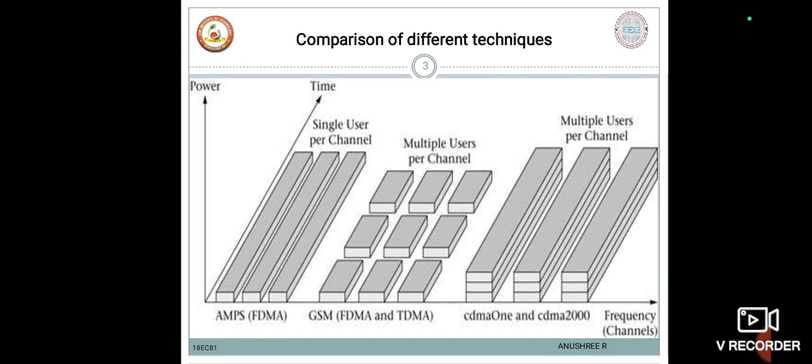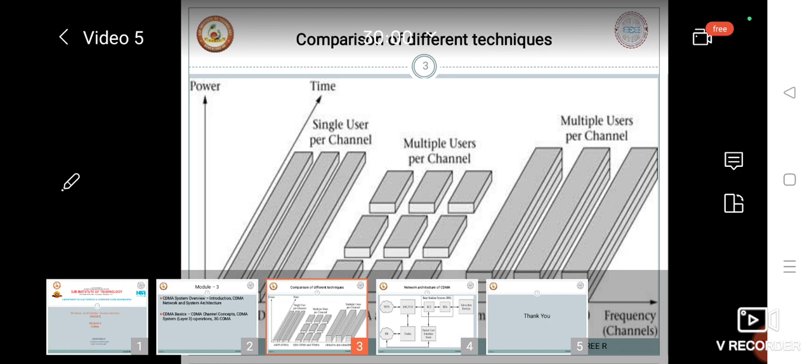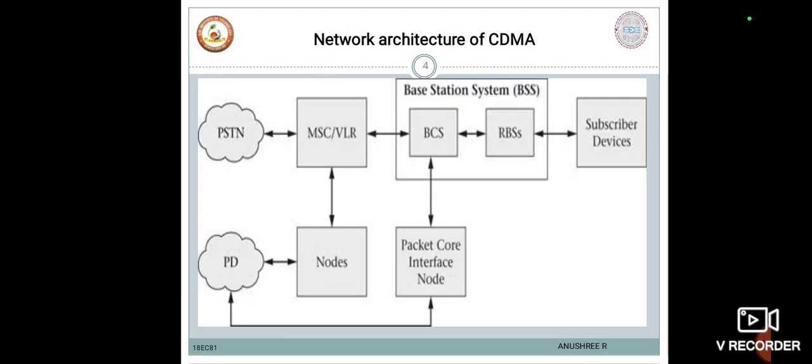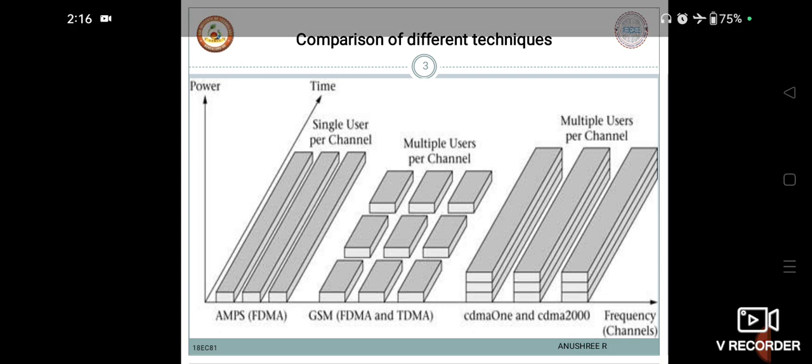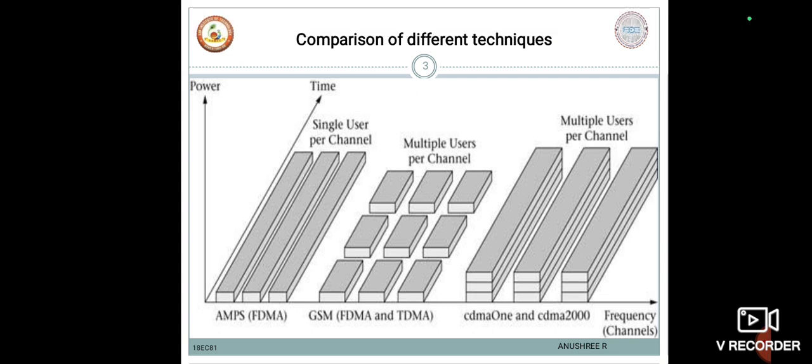To begin with, here we can observe the single user per channel AMPS FDMA, which stands for the first generation.